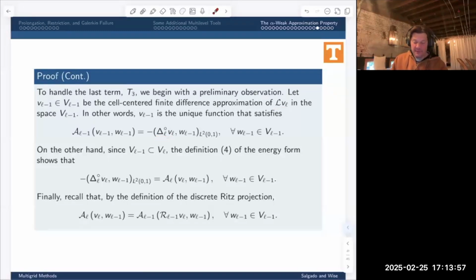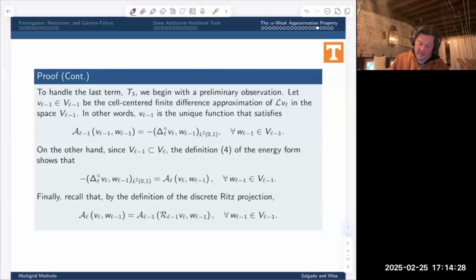Now, on the other hand, VL minus 1 is a subspace of VL. And by the definition from 4 of our energy form, what we know is that AL of VL, WL minus 1 is equal to this object. So if you go back to 4, you'll see that that's how this guy is precisely defined, but this test function is a little bit wonky. Remember, the test functions here should have been from VL.